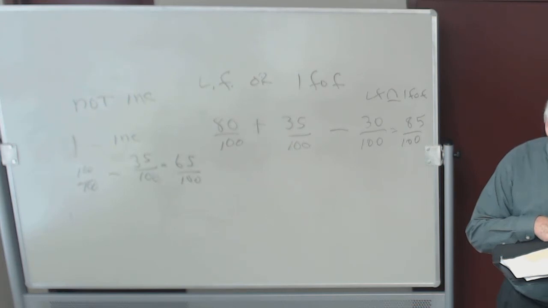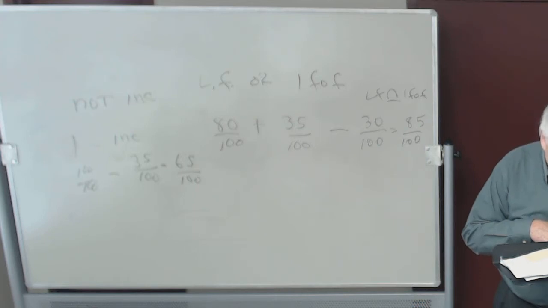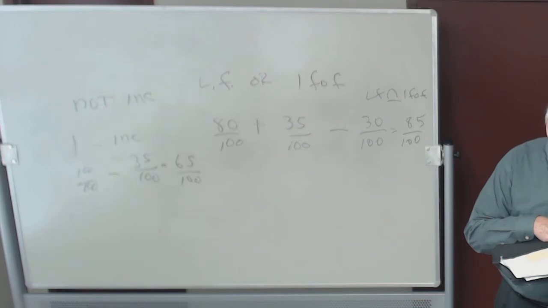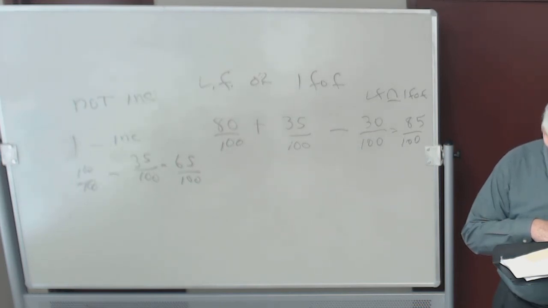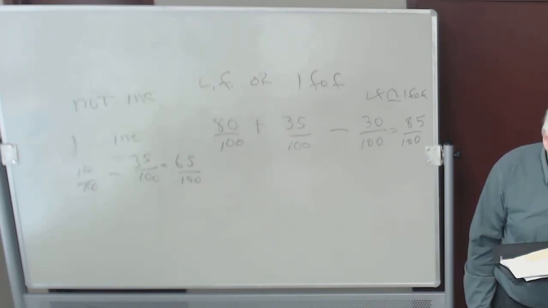Is 40 incorrect or 40 correct? Oh, incorrectly. I thought I said correctly. So what would that be? 20. So 20 out of 100. So read the problem carefully.